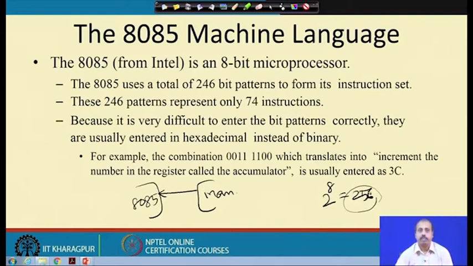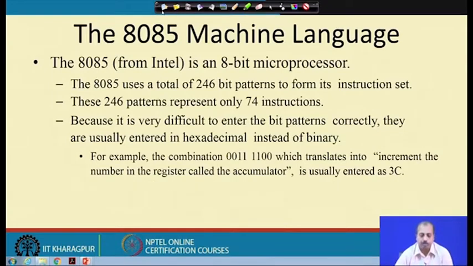The remaining 10 patterns are not used by the processor. So, it uses a total of 246 different bit patterns to form the instruction set, and these 246 patterns represent 74 types of instructions.